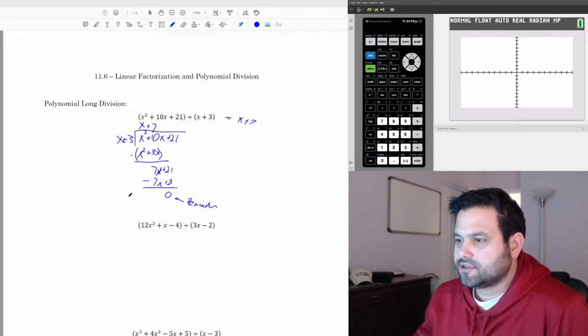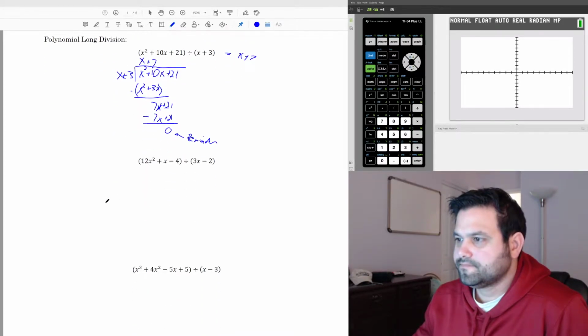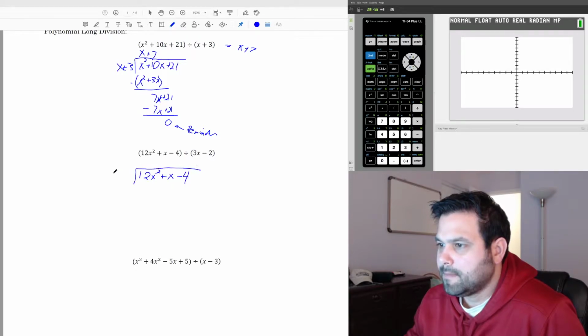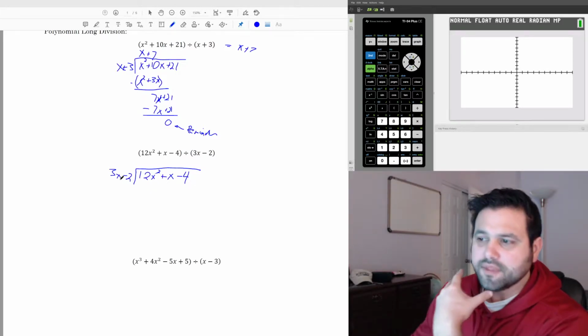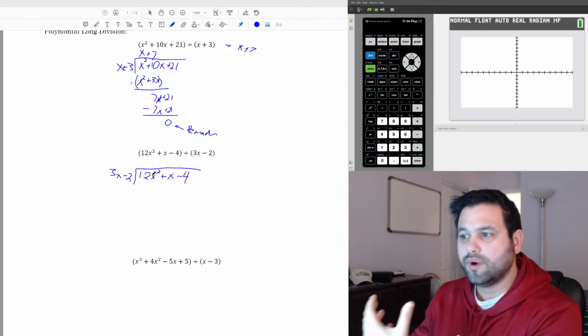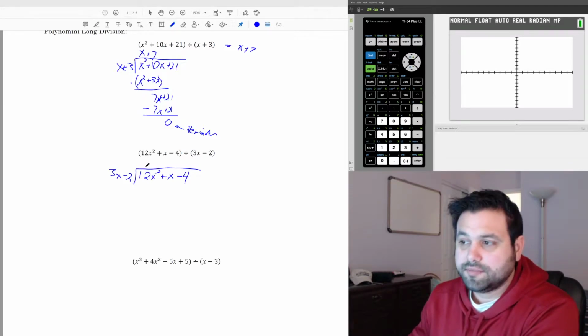Okay, so let's go ahead and try another one. So we got 12x squared plus x minus 4, and we are dividing that by 3x minus 2. So how are we going to take this 3x and make it a 12x squared? We would multiply it by 4x.